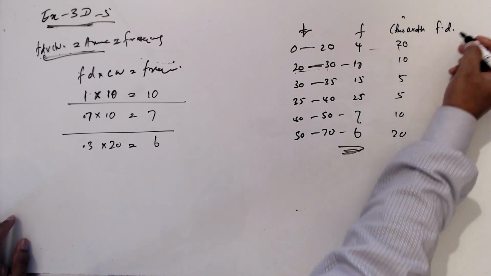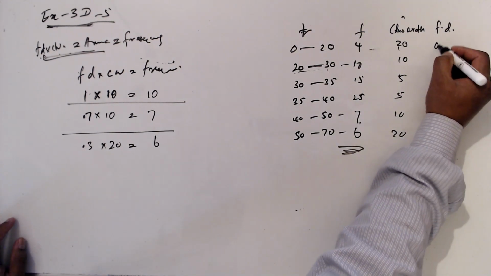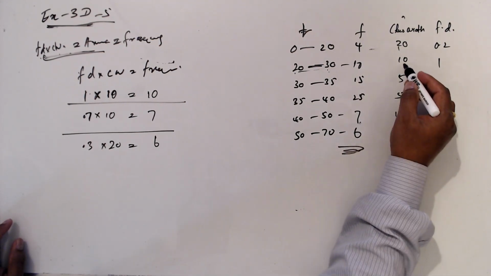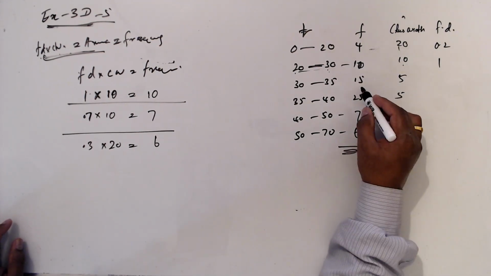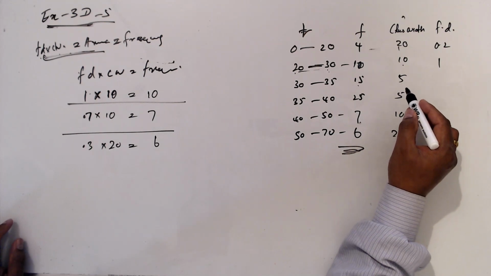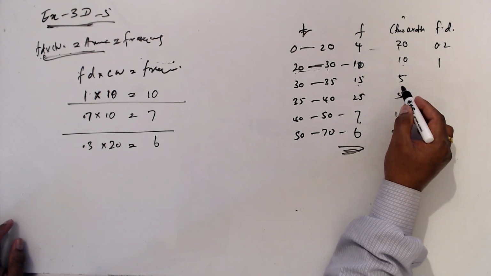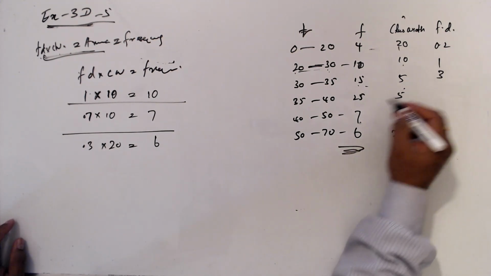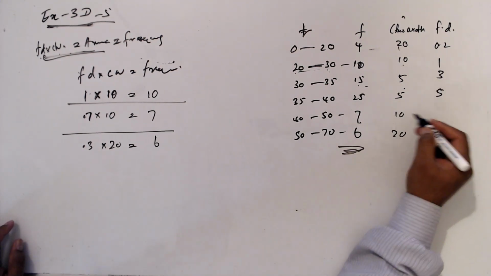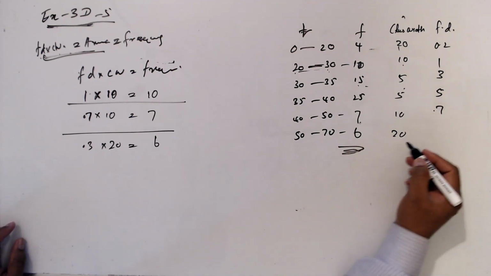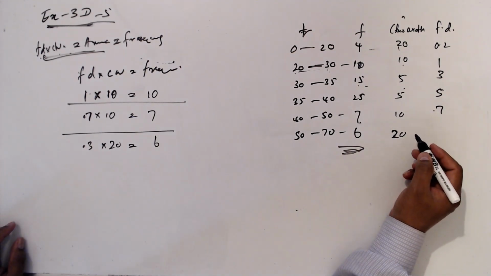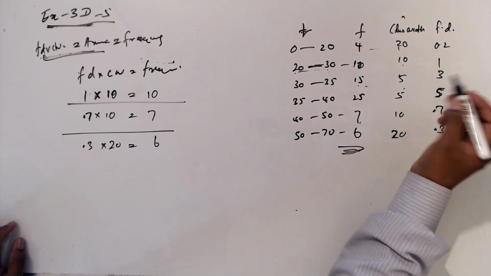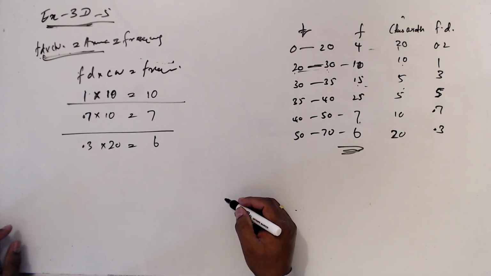Frequency density, you will get that: 0.2, 10 divided by 10, 1, 15 divided by 5, 3, 35 divided by 5, 7 divided by 10, 0.7, 6 divided by 20, 0.3. So then we can draw a histogram accordingly.